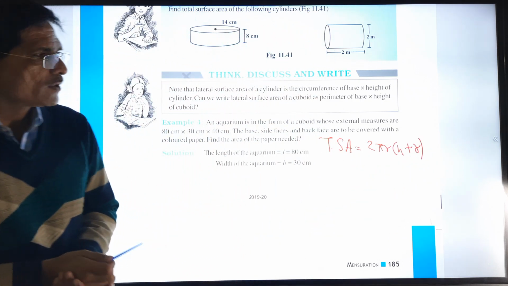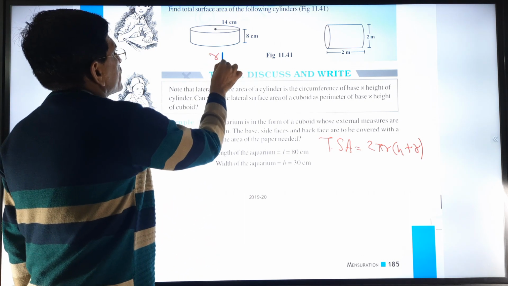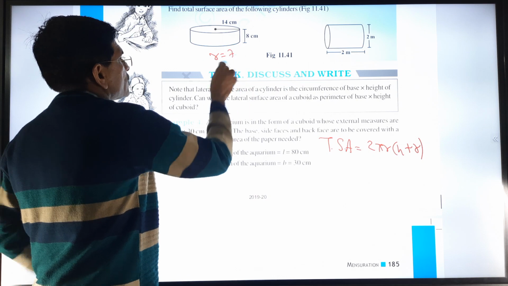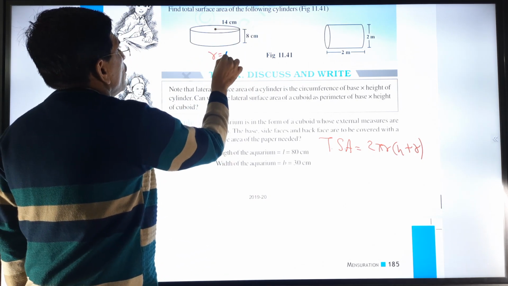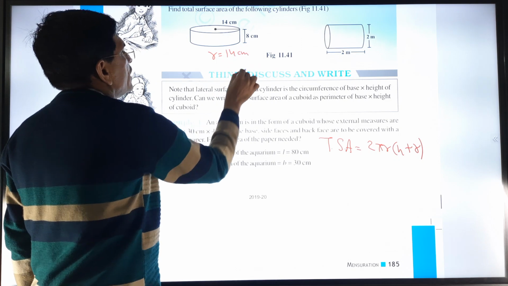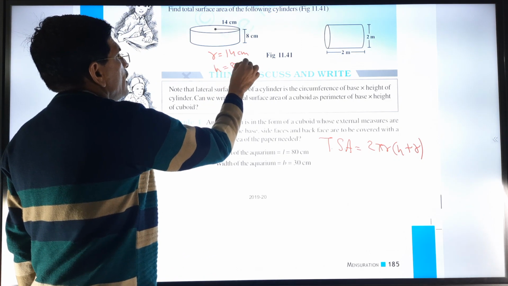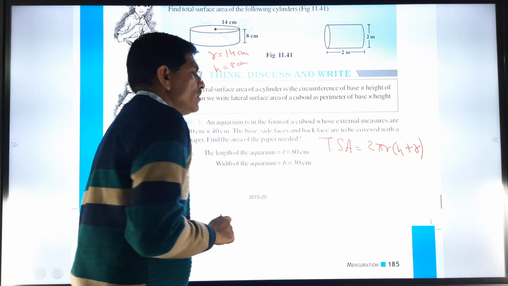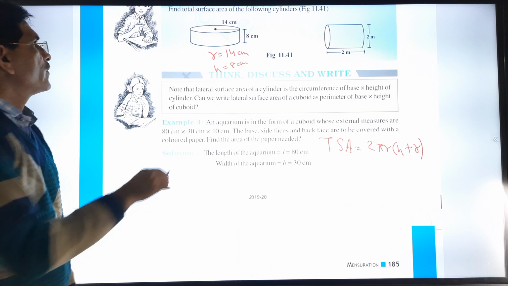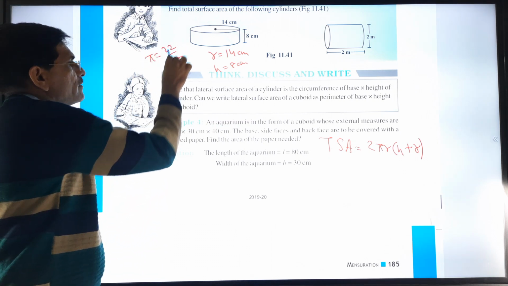Now what is r here? r is equal to 14 centimeter, and height h is equal to 8 centimeter. If pi is not given, we have to use pi equal to 22 by 7.